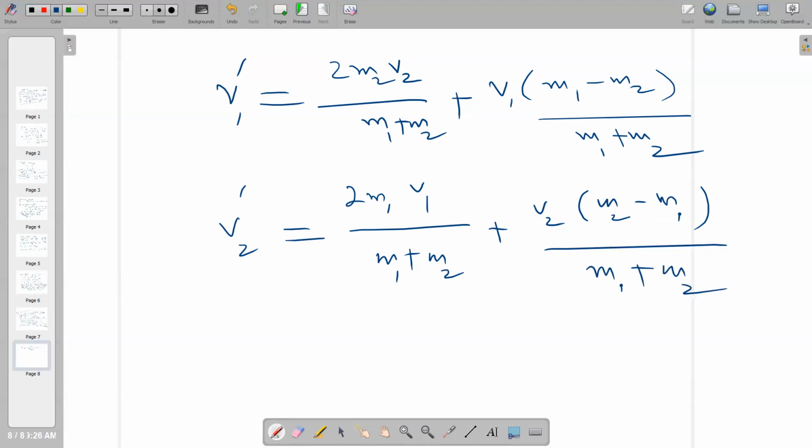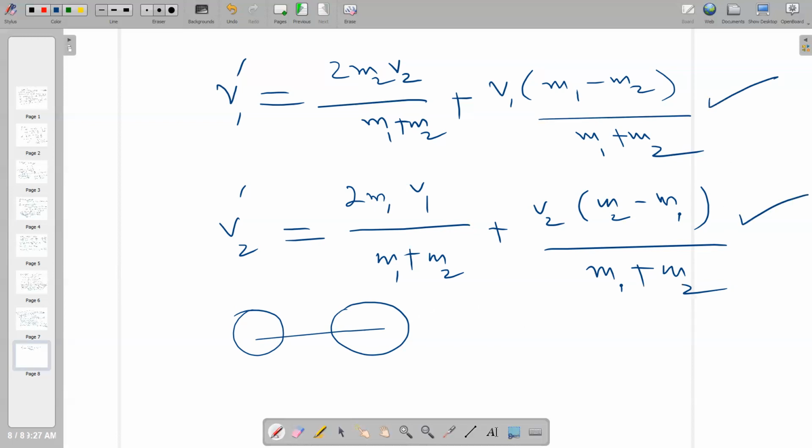These equations are very important for problem solving, so you have to remember them. If we have two bodies that collide with each other in one dimension, then we find their velocities after colliding with these formulas.